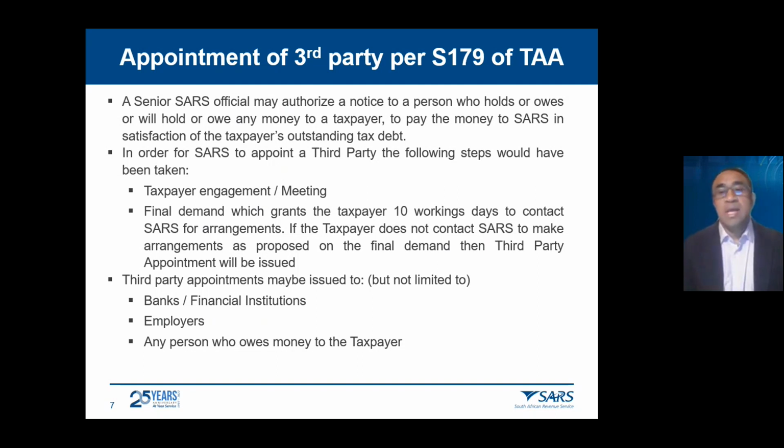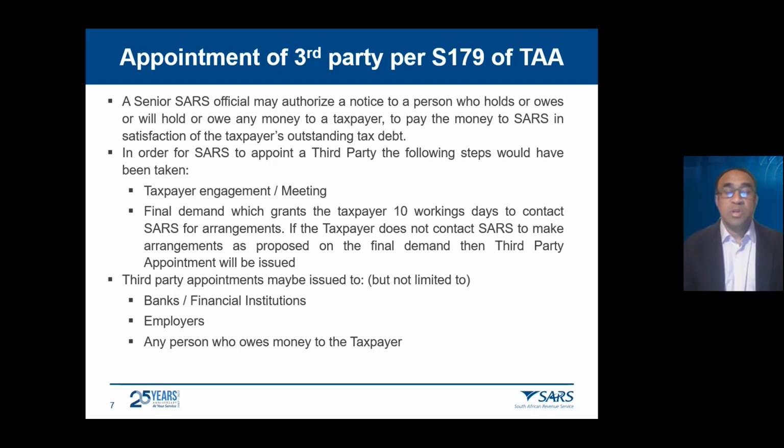Also, if they don't provide us with the correct contact information, we could be corresponding with somebody that is no longer at an address, or who does not have that email address anymore, and they failed to update it with SARS. It doesn't mean that we cannot take any action. We can still take action.